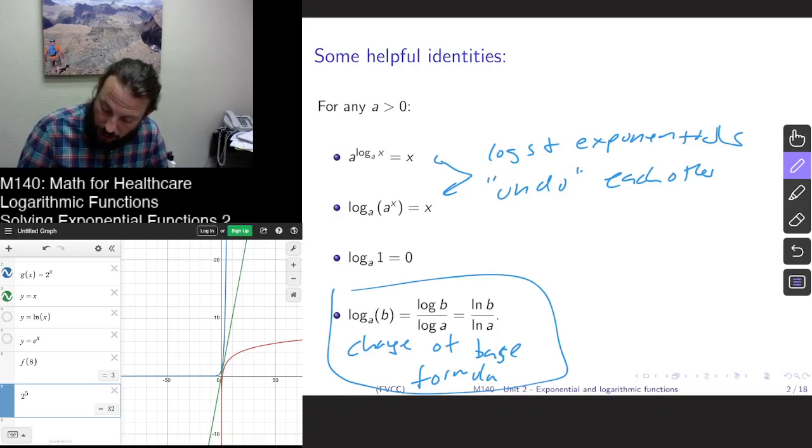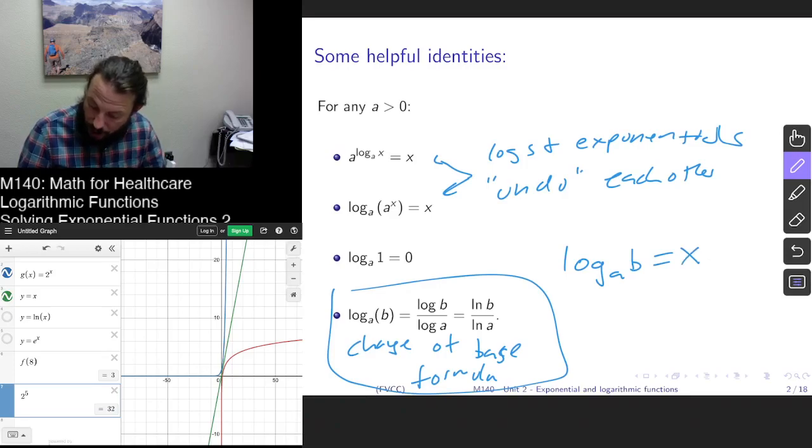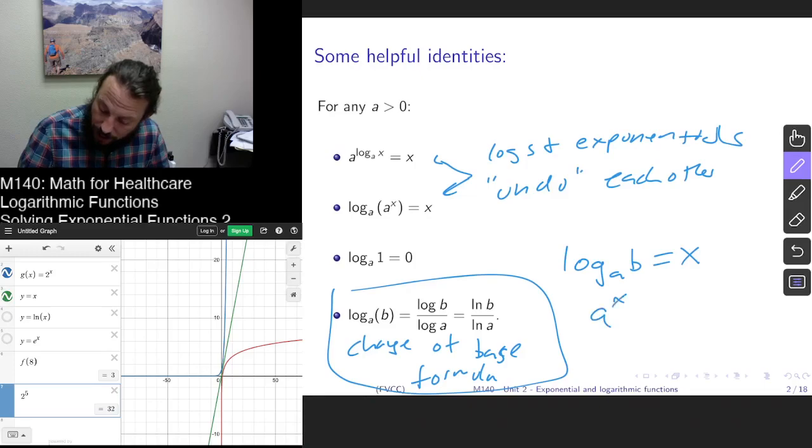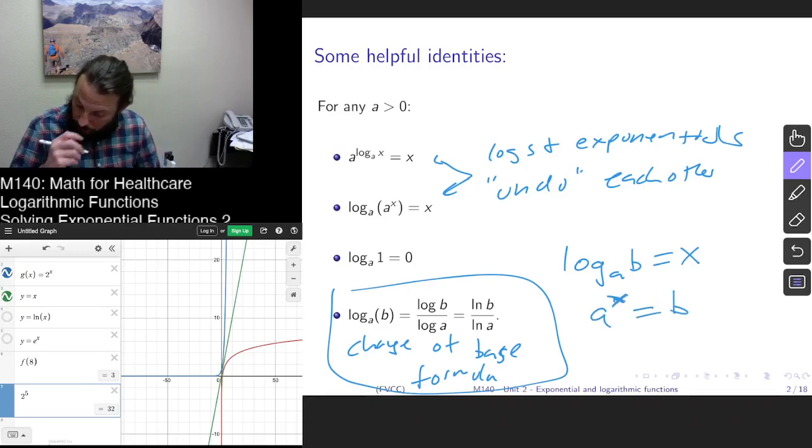So for instance, if I'm looking for log base A of B, that's equal to some number, let's say x. We're trying to get at x, right? What's the exponential form here? A raised to the x equals B. Okay, yeah, that's pretty good.